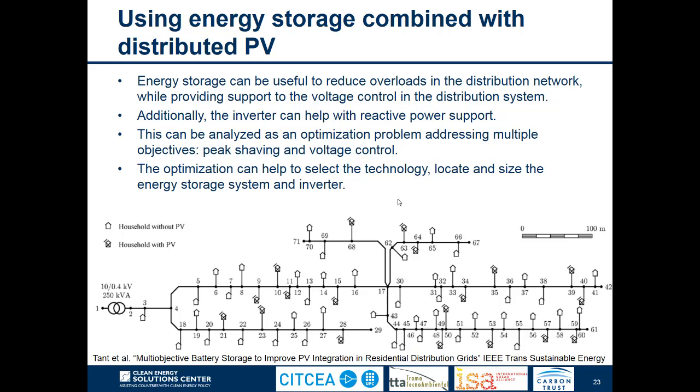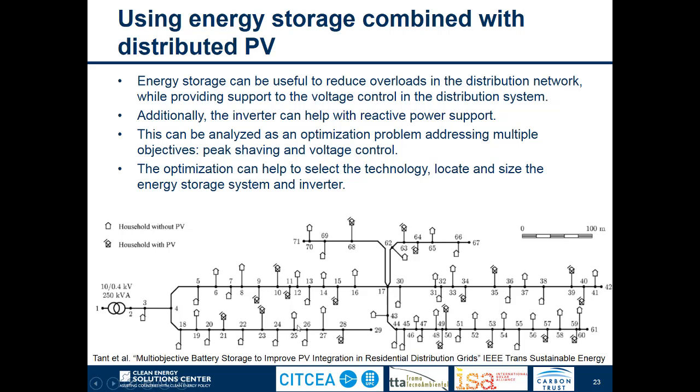We see here that we have a 250 kVA transformer, which reduces the voltage from the medium voltage to the low voltage level, from 10 kilovolt to 400 volts. And then we have a complex radial system containing different lines. In each line, we have different kinds of connections.